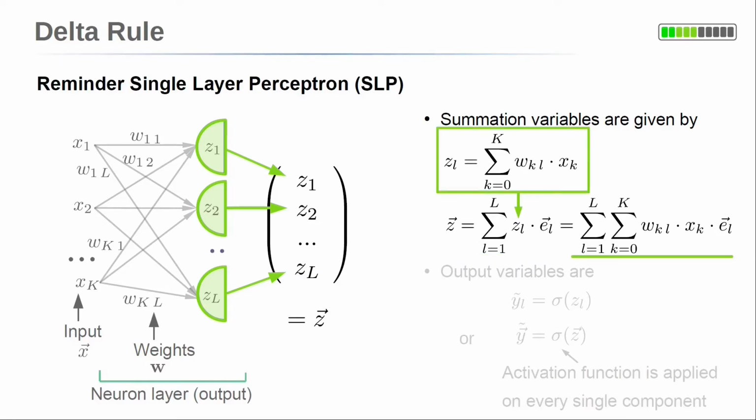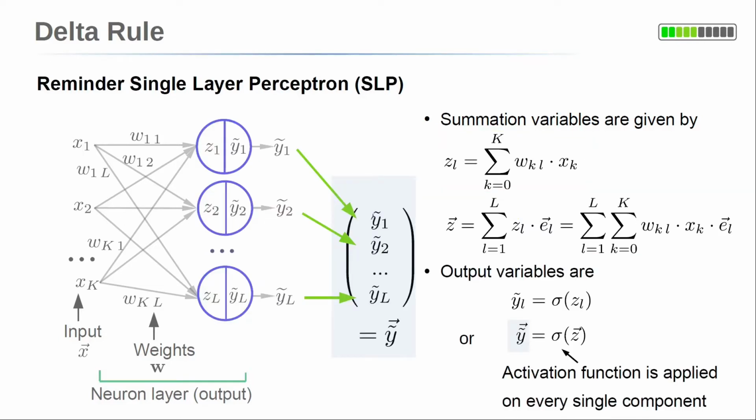If we substitute the expression for the component z_l into this representation, the vector z is the sum over all vector components l and the sum over all input variables k of the weight w_kl times the input x_k times the unit vector e_l. Note that for k equal to 0, we have the bias parameter w_0l.